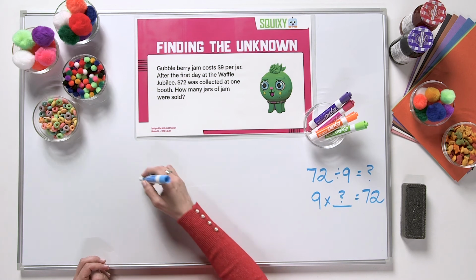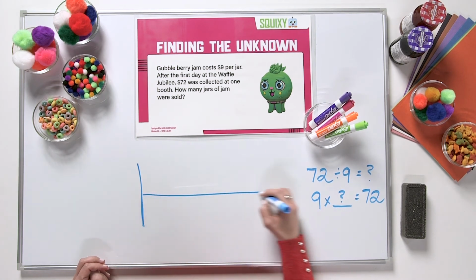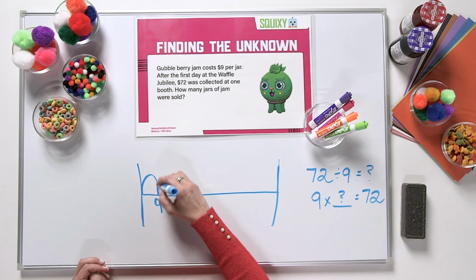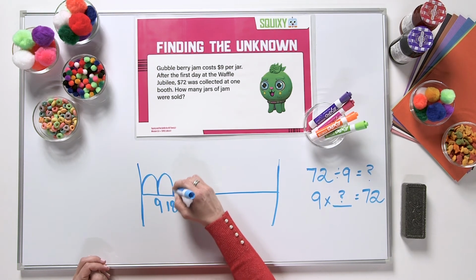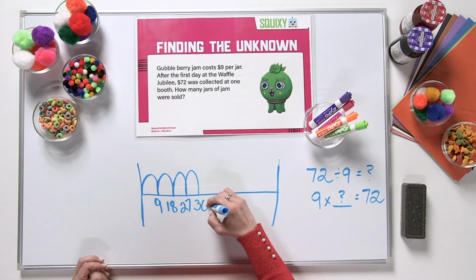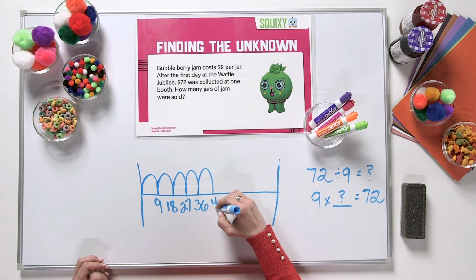Before we solve this, let's try using a number line. On my number line, I am going to skip count by 9. It's really important to know your multiples, but if you need some think time, that's okay.